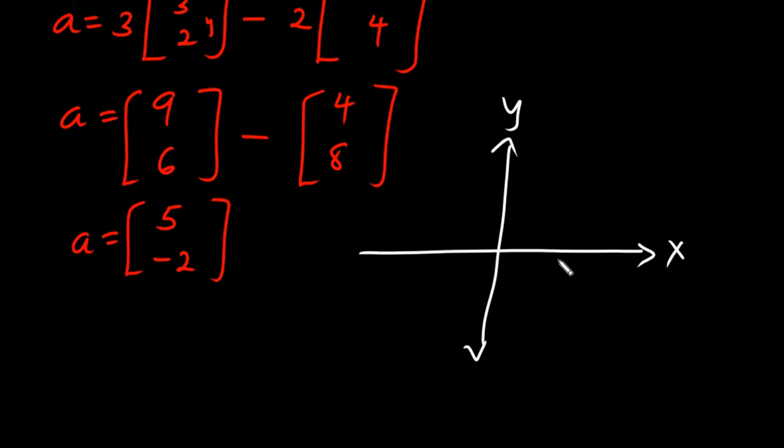We have the point 5, let's say 5 is somewhere there, and negative 2 is somewhere there. If we assume that the origin of this vector is 0, 0, we can have something like this, and we can say that this is vector A.